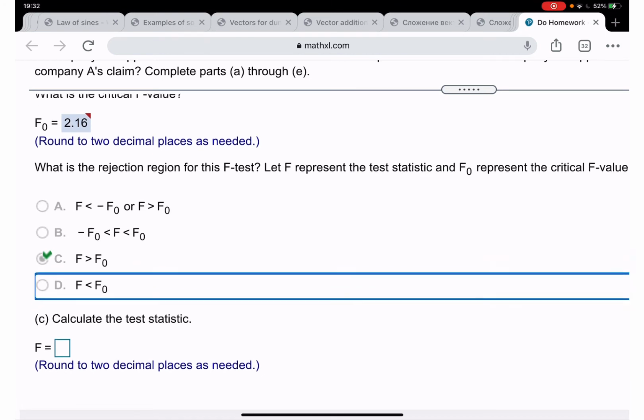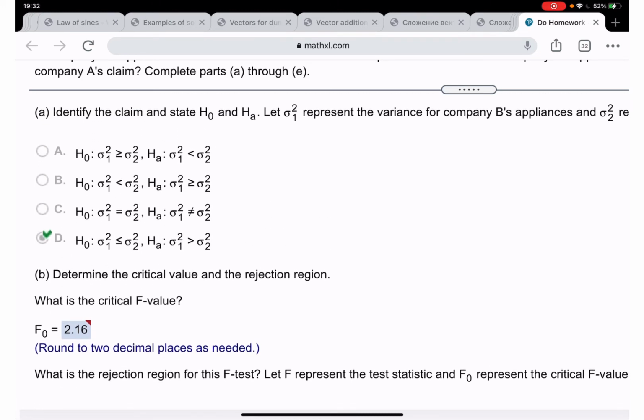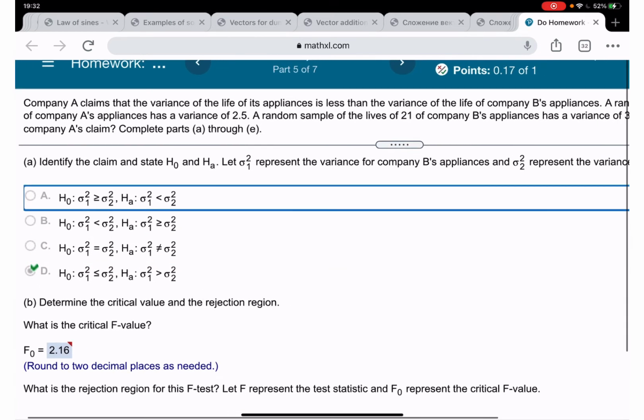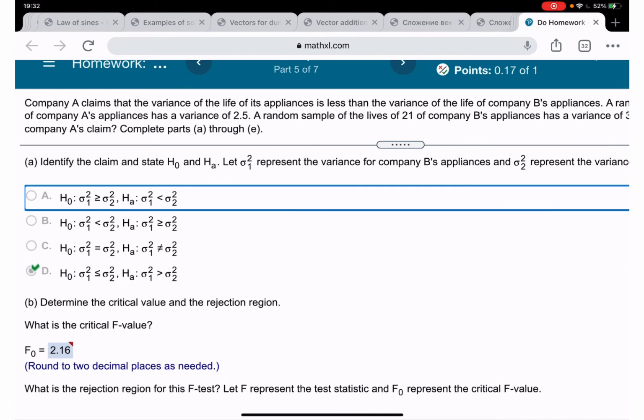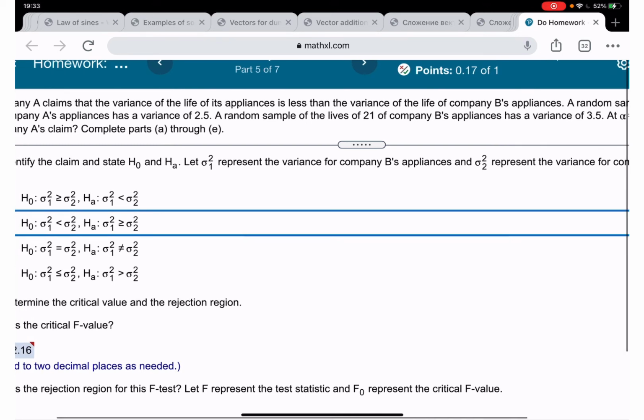Now we need to calculate the test statistic, which is S1 squared divided by S2 squared. S1 is our company B, because it has the greater variance, and it's 3.5 divided by 2.5.